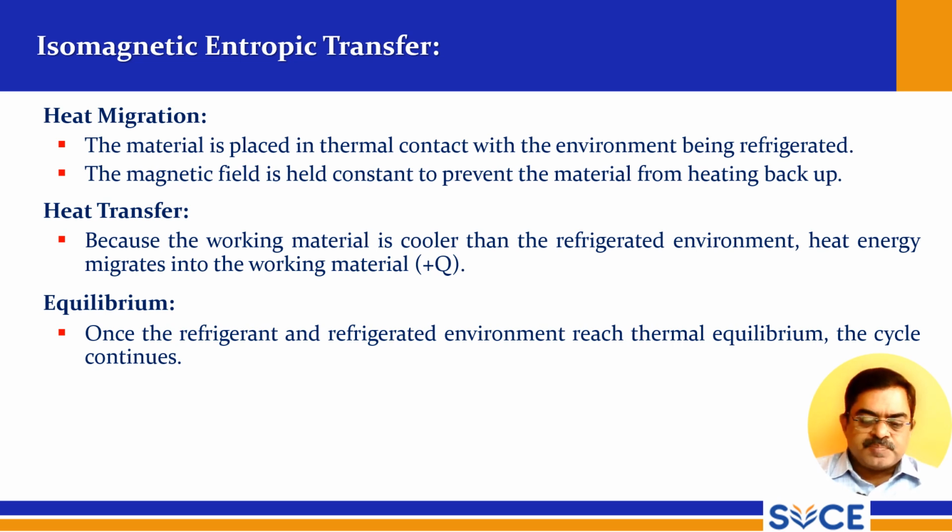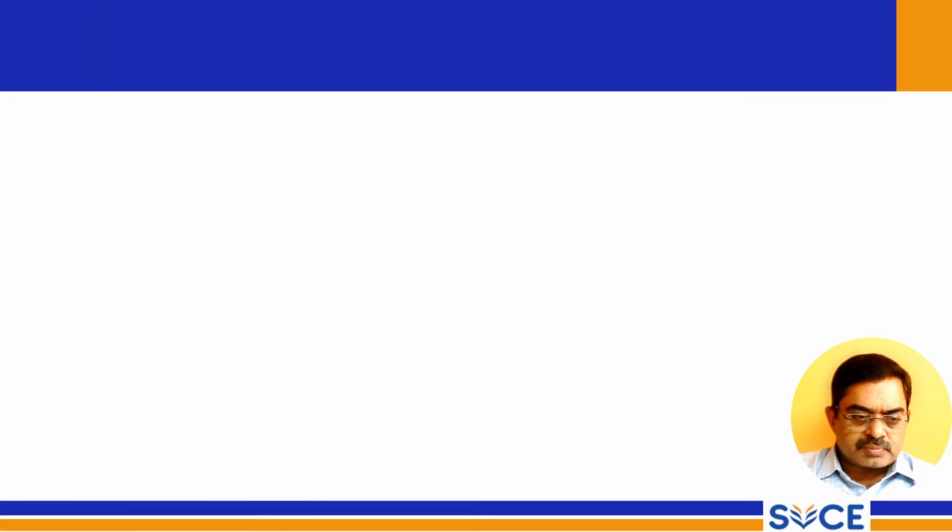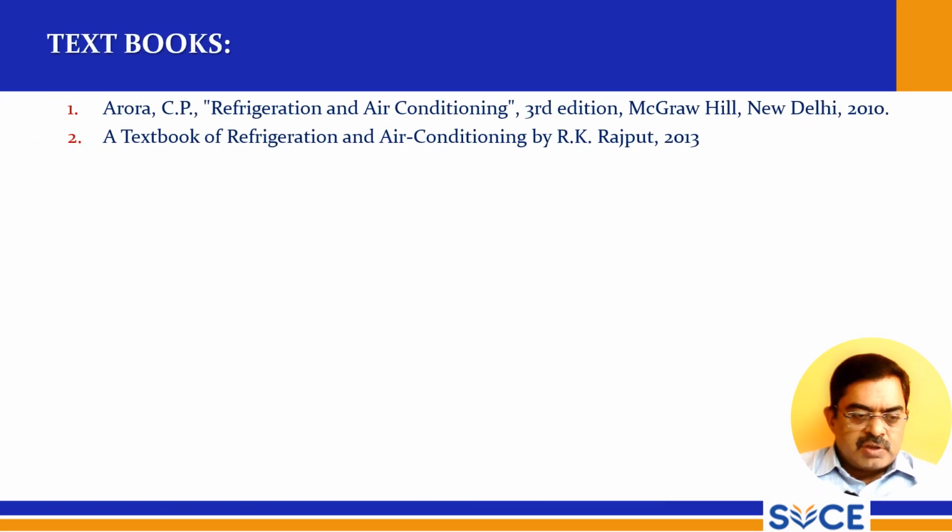So we stop here, and coming to our textbooks, you can refer to all these books. The first one is C.P. Arora, where you can find magnetic refrigeration, as well as in Rajput. In both books you can refer. I have taken from Rajput as well as Kurmi.